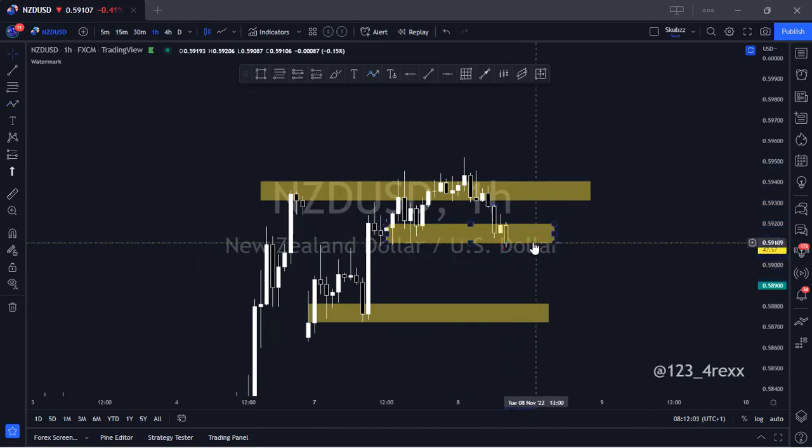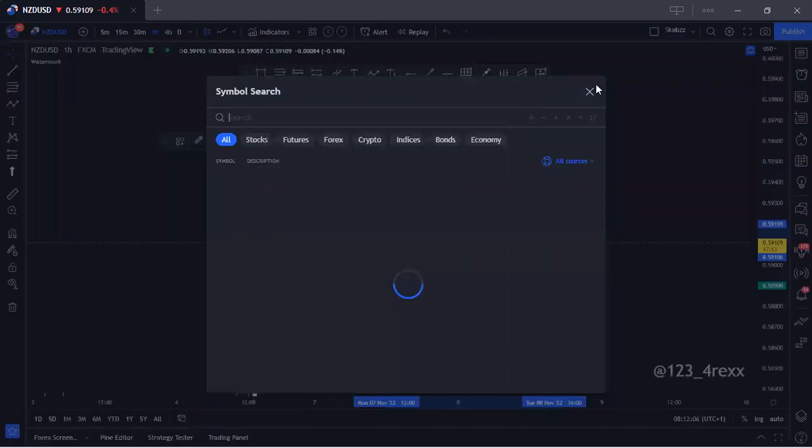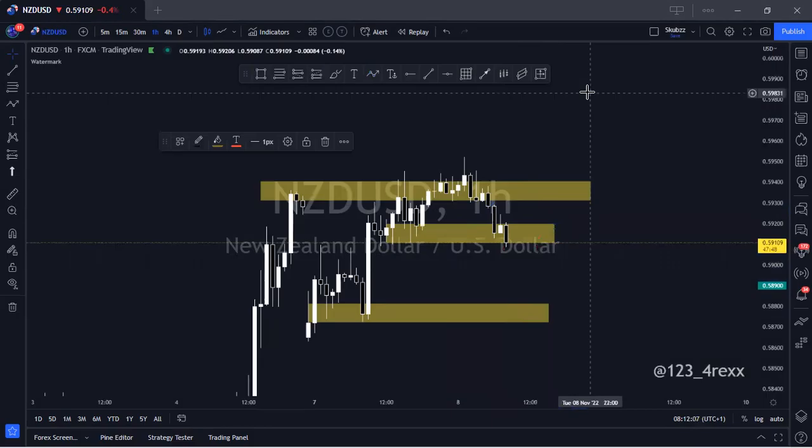So I'm looking for all those clear levels that, okay, once price breaks, we have a break of structure. So that's why I'm saying, let's just let that one be.